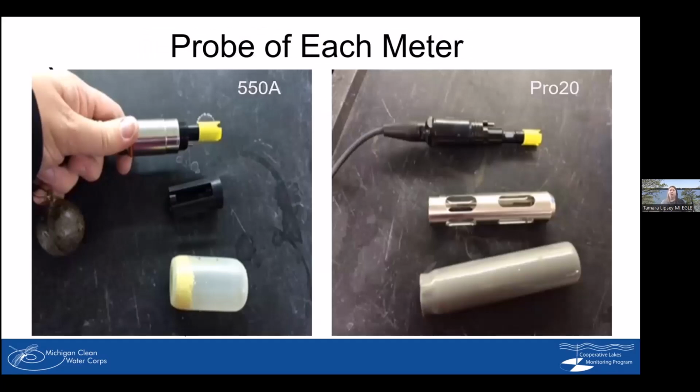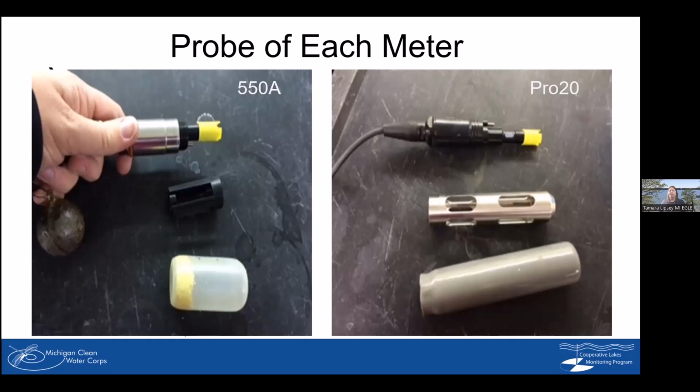The probes look a little different for each of the meters. The membrane itself looks the same for each type of meter. But for the 550As, the cage that protects that very sensitive membrane is a black plastic piece, and in the Pro 20s, it's a heavier metal piece.